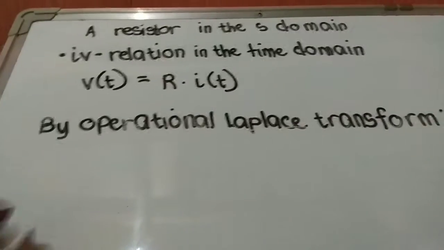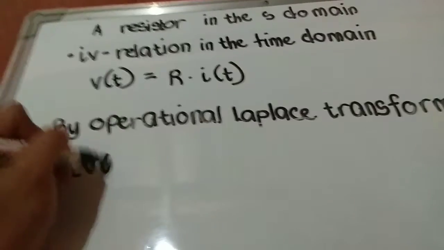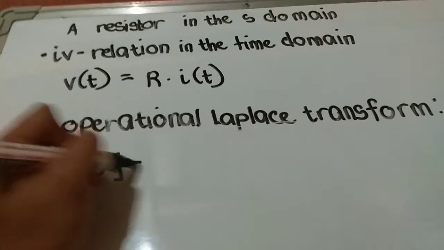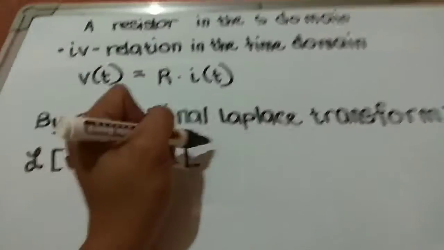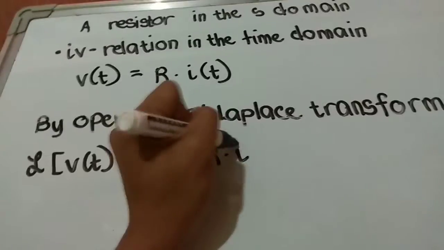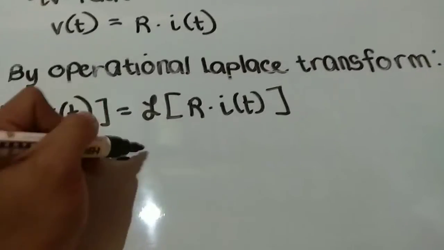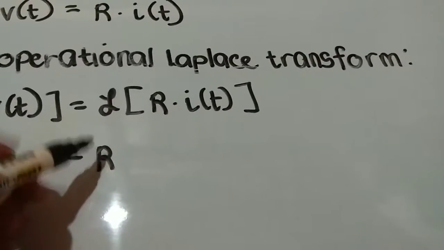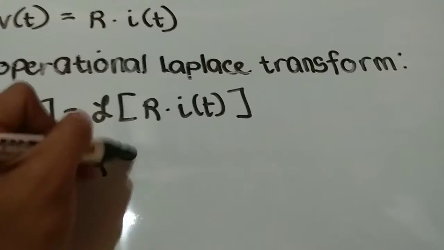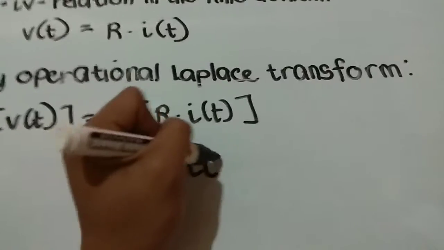So by operational Laplace transform, Laplace of v(t) is equal to Laplace of R times i(t). So it's equal to R, because it is considered constant, times Laplace of i(t).